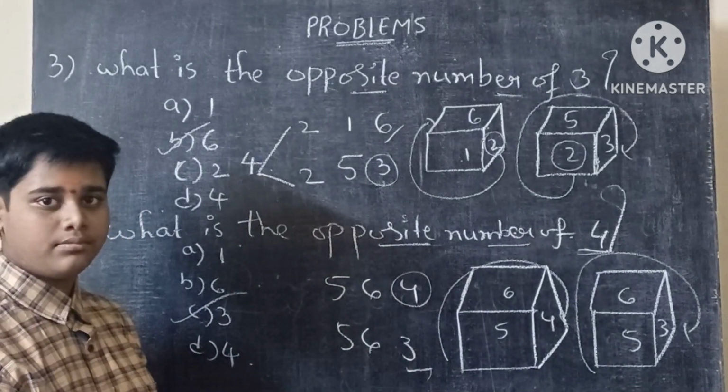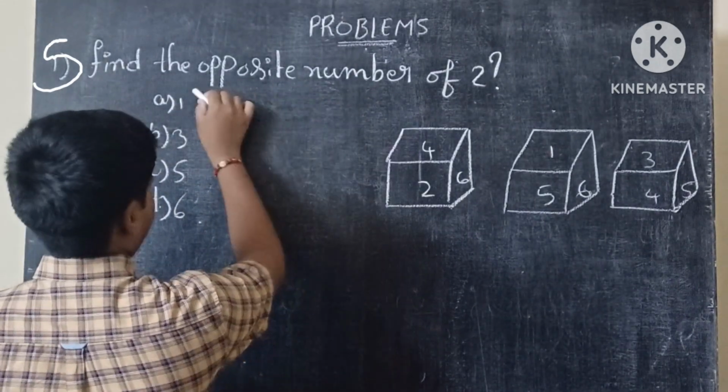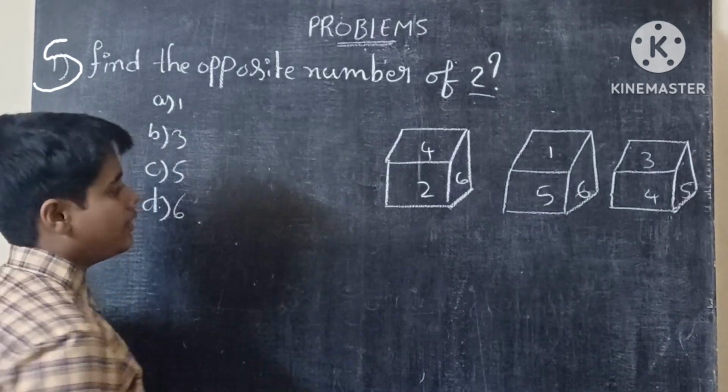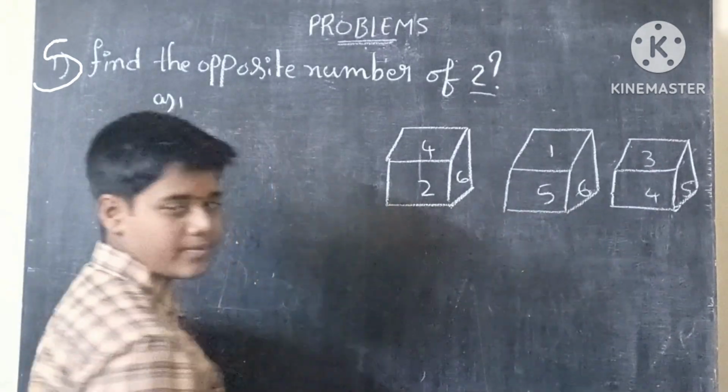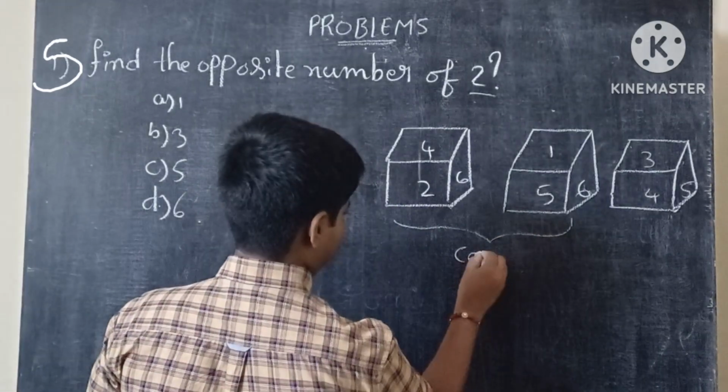And the fifth question, find the opposite number of 2.